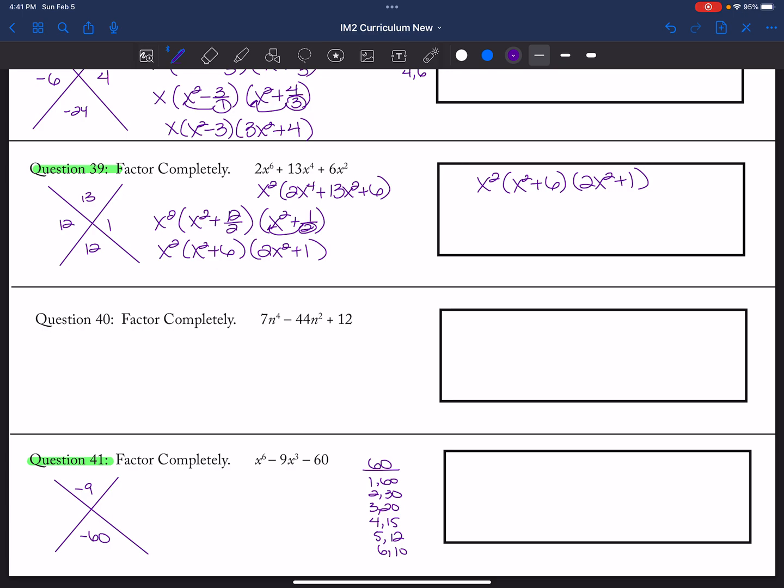I'm trying to get negative 9 though. And I don't think this is going to work. Yeah. No, there's no way for me to get 9. That's going to give me 7. That would give me 4. That's going to give me 11. So this is prime. Oops.